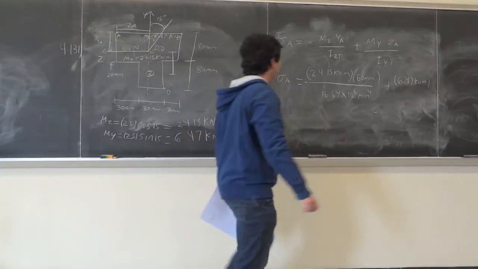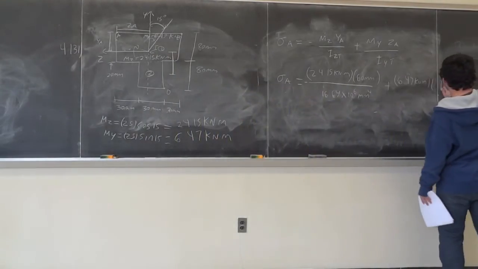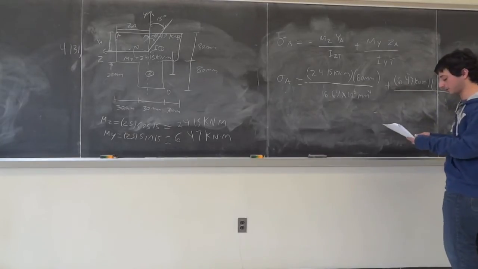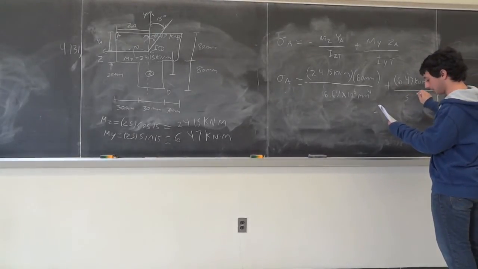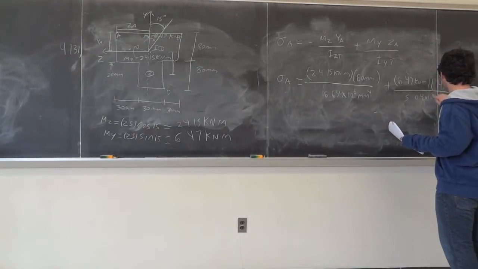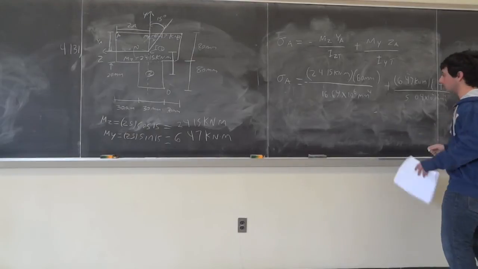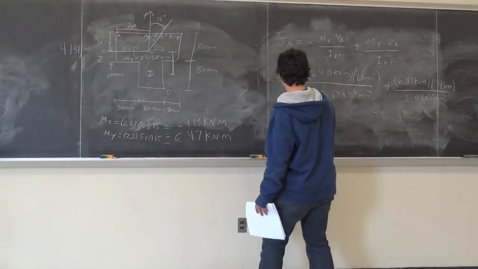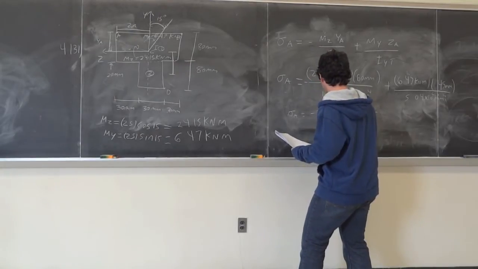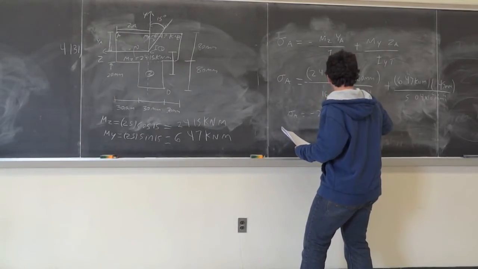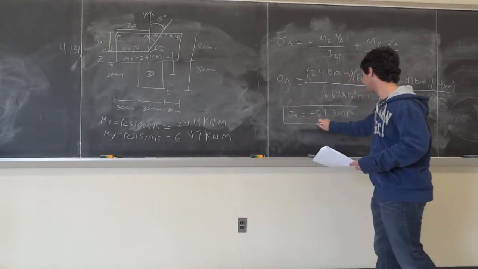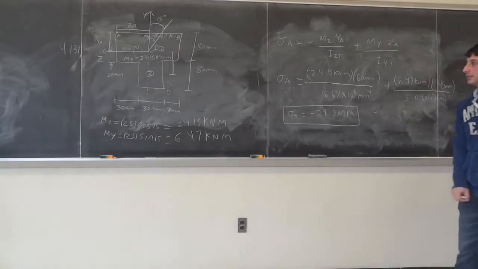Okay, so it's 45 millimeters all over the total moment of inertia, which is 5.04 times 10 to the 6 millimeters to the 4th. Okay? Alright, so the stress at A is equal to minus 29.3 MPa. Alright, so that's the stress at A.